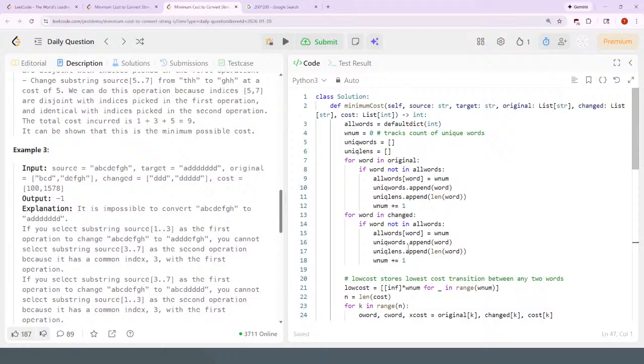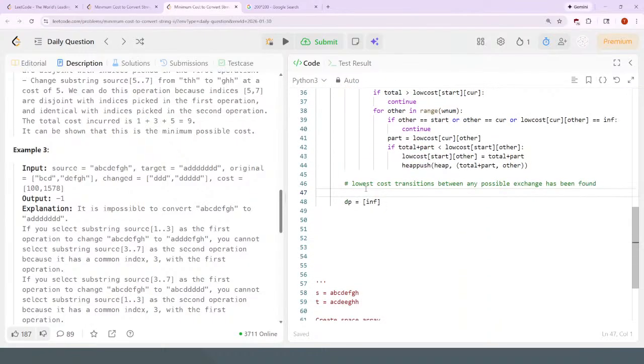What is n here? I'll say t num. T length is the target length, or length of source, I guess. So I think it should be probably infinity times t length plus 1. This is dynamic programming.